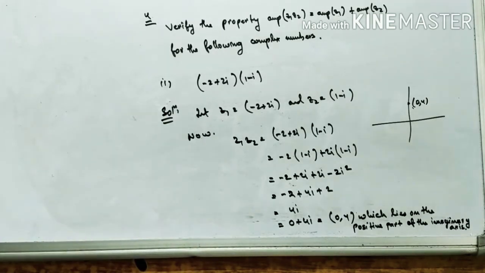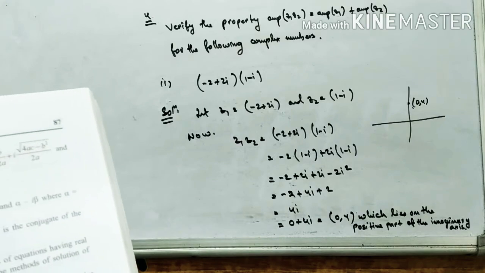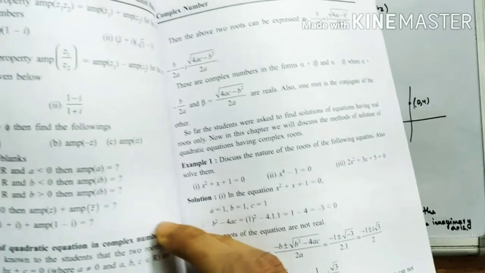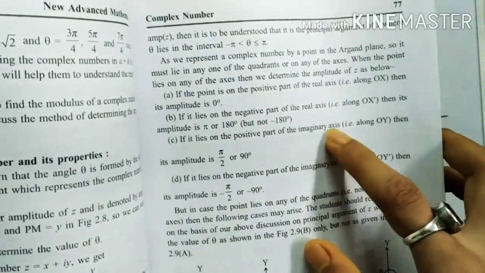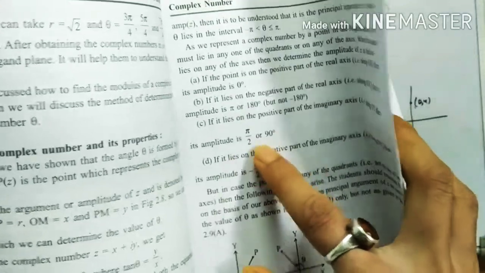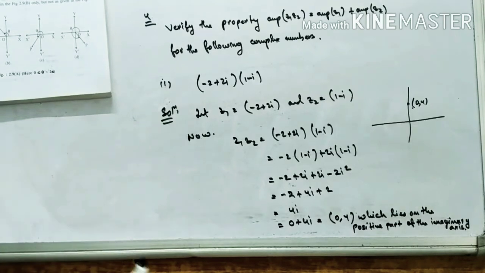Now, if the point lies on the positive part of the imaginary axis, then its amplitude is pi by 2.